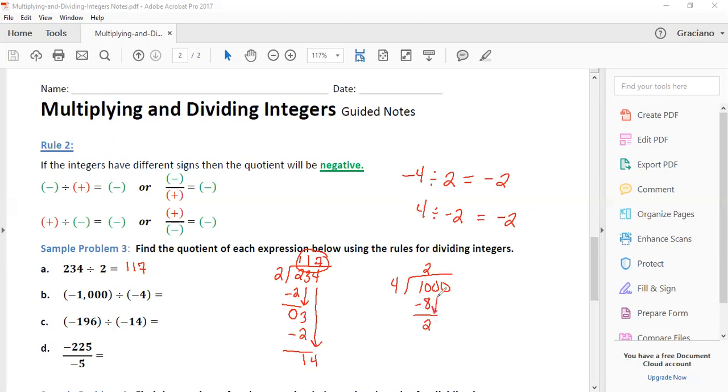I'm going to bring down my next number, which is a 0. 4 goes into 20 5 times. 4 times 5 is 20. 20 minus 20 is 0. My next number is also a 0. And 4 goes into 0 0 times. So my answer is 250.